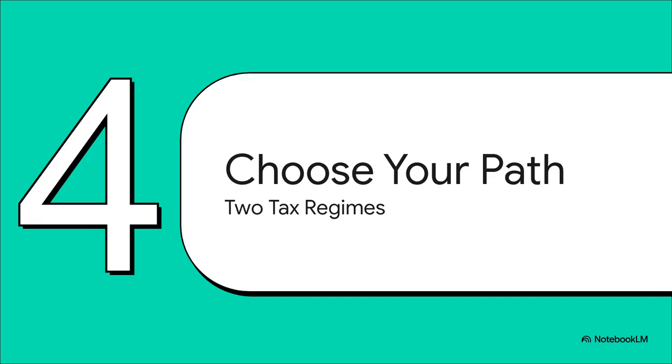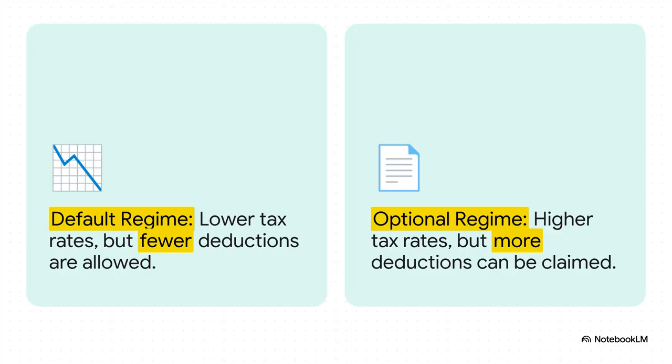All right, this is where things get really interesting. Once you have that final taxable income number, you've reached a fork in the road. The tax system actually gives you a choice. There are 2 different paths you can take to calculate your final tax. And really, it all boils down to one simple trade-off. On one hand, you have the default regime. This is the newer, more streamlined system.